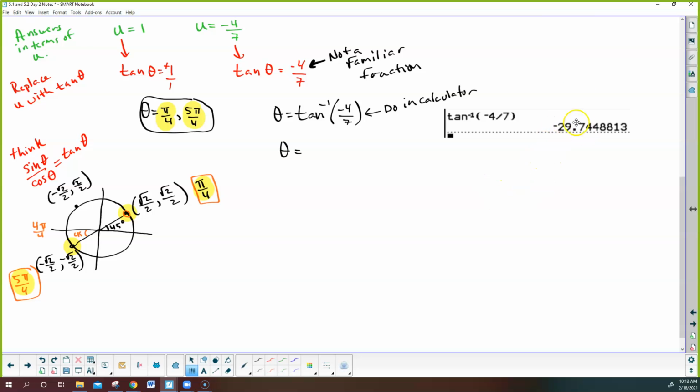And this is actually really interesting. We got to think of coterminal angles. Now, this answer is in degrees, but it isn't positive, it's negative. It's telling me to go down 29.7448813 degrees. Well, that is my reference angle.